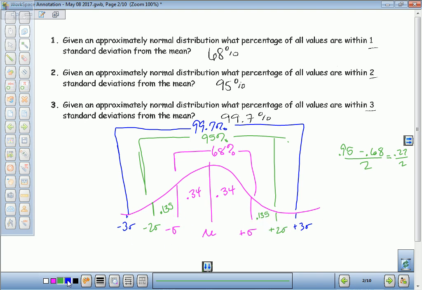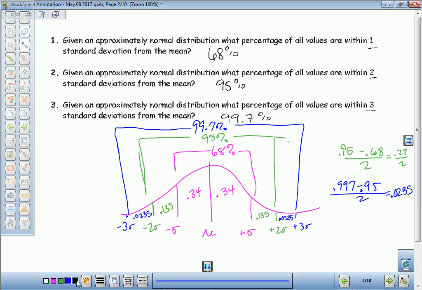Now this next one, we get the same way. We would take that 0.997 and the 95, subtract those 2, and divide by 2. This is 4.7%, which when we divide by 2 is 0.0235. So right here we have 0.0235, and here 0.0235.